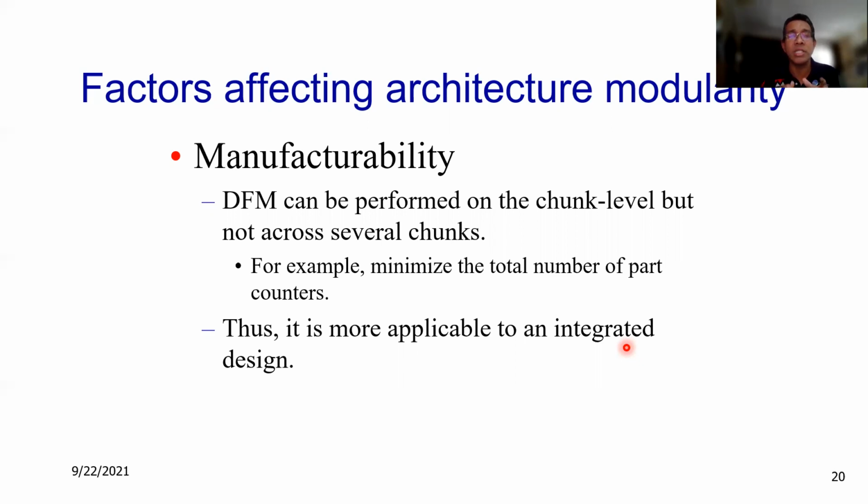So the important is manufacturability. So this topic also we have in the separate section for design, DFM, design for manufacturing. So we will have that topic. So I will explain more on that topic later on.